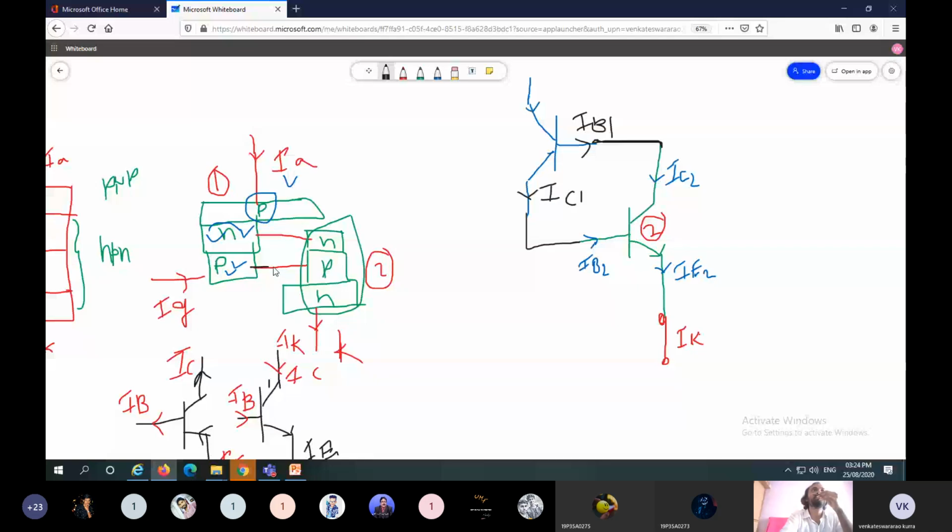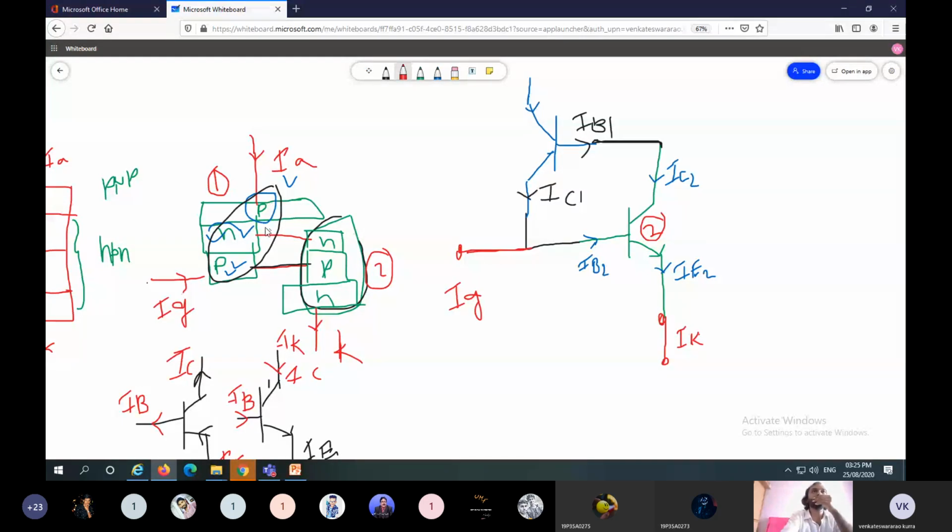The collector of PNP transistor is connected to the base of NPN transistor like this. And gate is also connected to this terminal. This one is gate current. This one is IG, this one is IK.